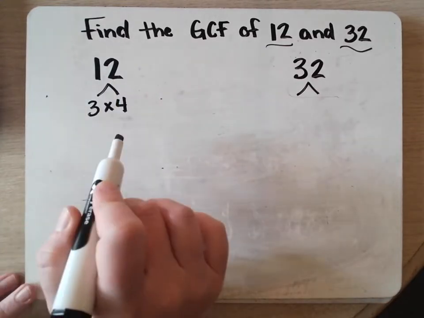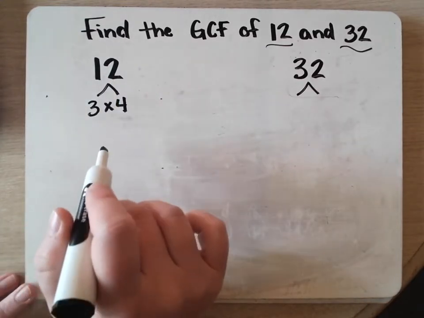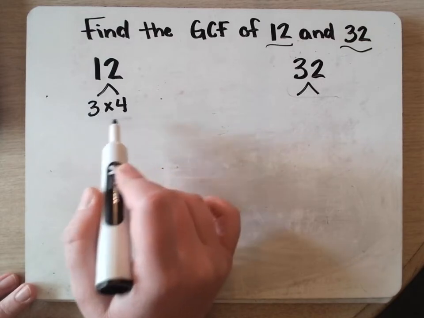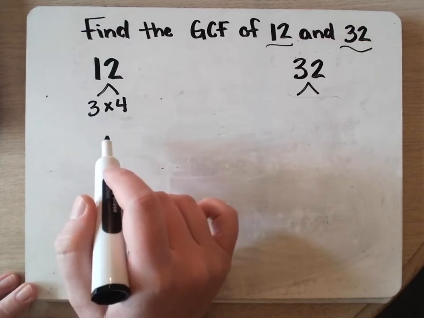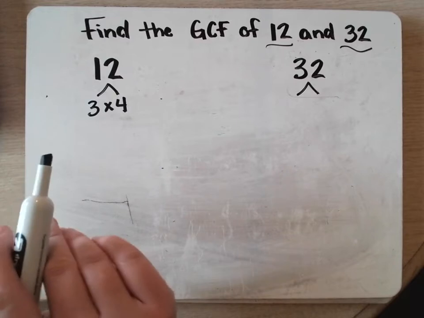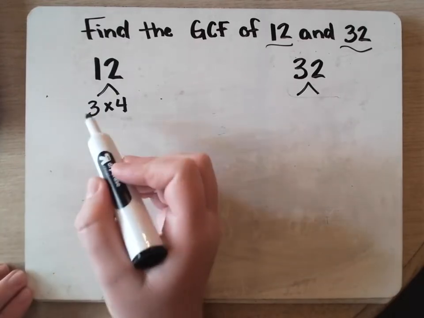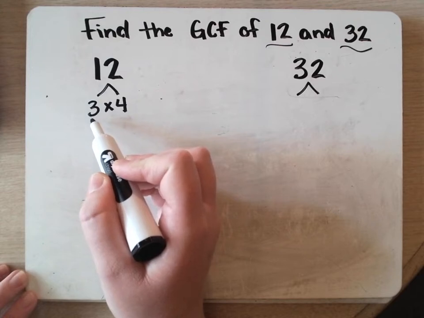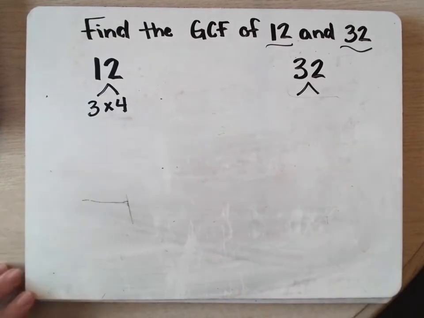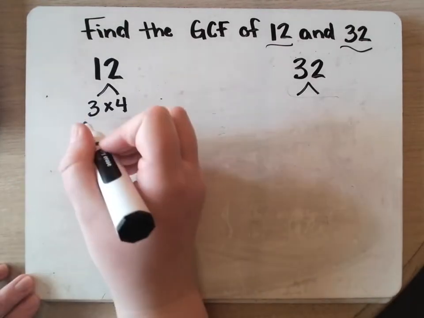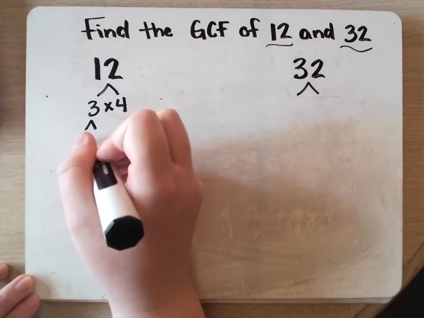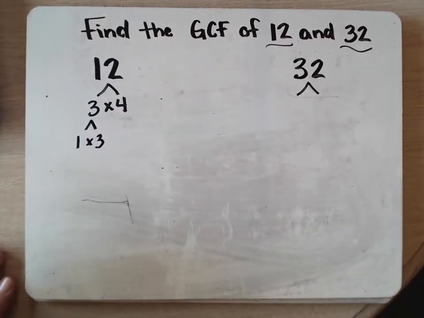Now your goal with the factor tree is to break down all the numbers to their prime. That means you're breaking them down until the only factors left of that number are 1 and itself. For example, if I look at 3, the only other factors of 3 that I have are 1 times 3.